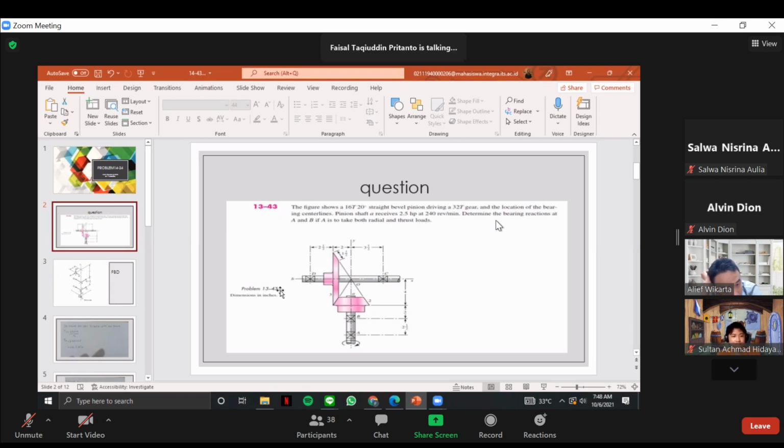The question is determine the bearing reaction at A and B. My question is which one is A and which one is B?